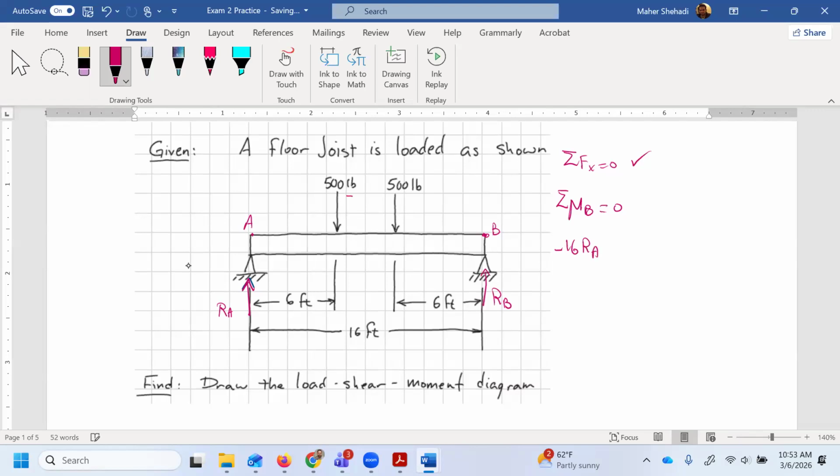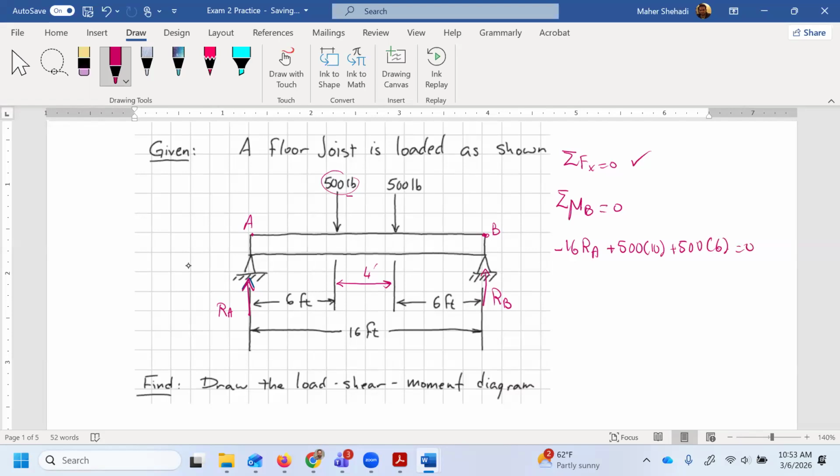And then I have 16 minus 6, that's 10 feet. Both of the forces would go in the counterclockwise direction about point B. So plus 500 times 10, plus the other one, 500 times 6, equals 0.